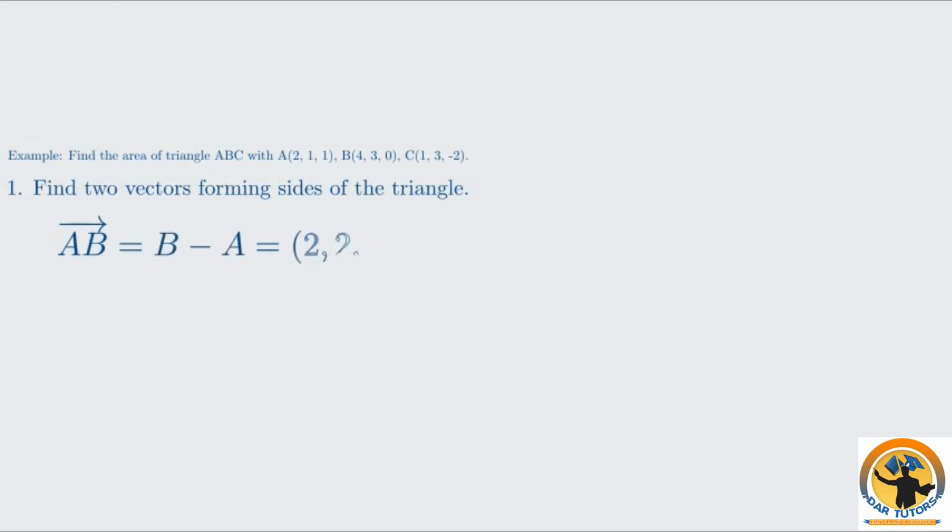First, we need two vectors that form two sides of the triangle. Let's use AB and AC. AB is B minus A, which is (2, 2, -1). AC is C minus A, which is (-1, 2, -3).